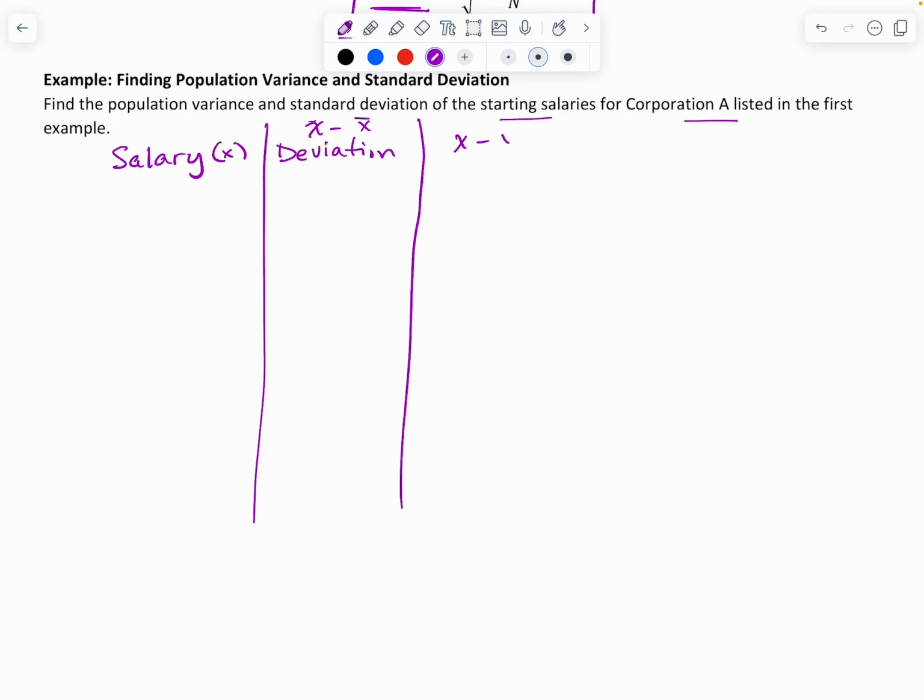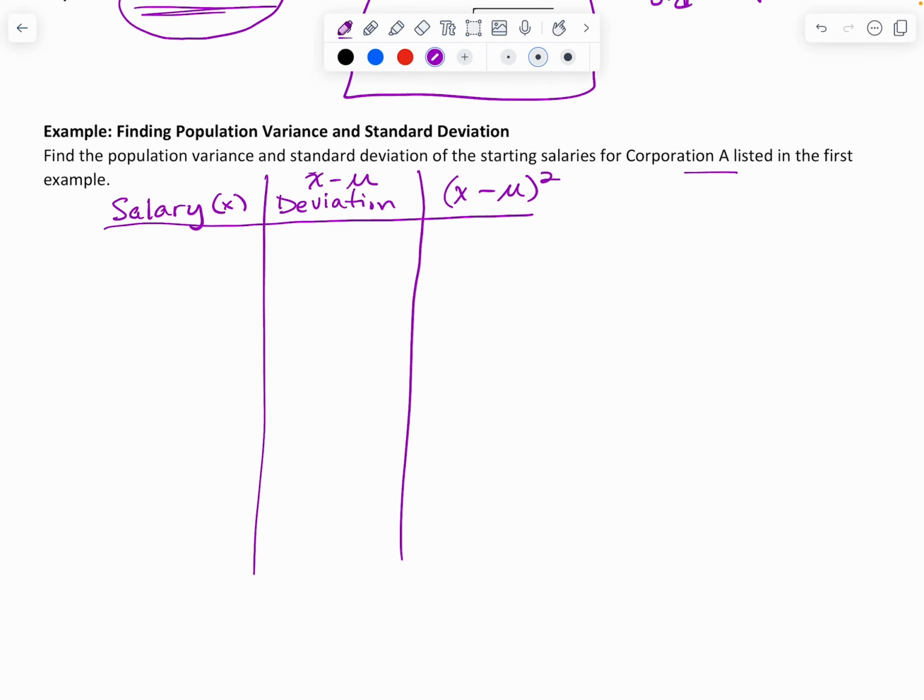Oh, they do want us to use this as a population. So let me go back. I guess that we're using population because it's the entire company's starting salary. We're going to take that, we're going to square it.